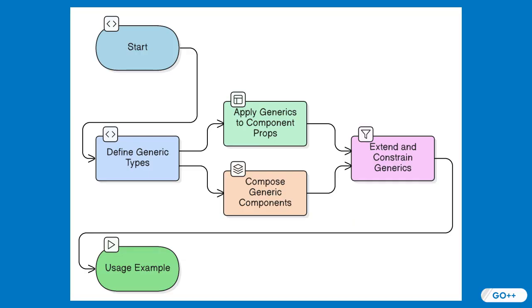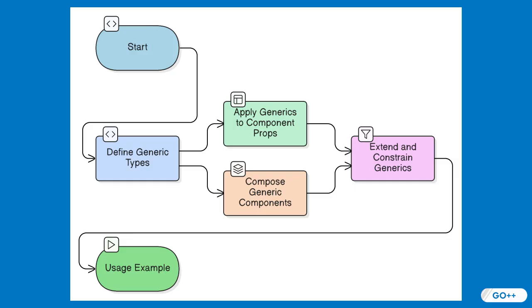Let's delve into the theory behind TypeScript generics and their application in React. Generics in TypeScript allow you to create components and functions that are not limited to a single data type. This means you can write more flexible and reusable code. Think of it like a blueprint for a house that can adapt to different sizes and shapes without compromising its structure.